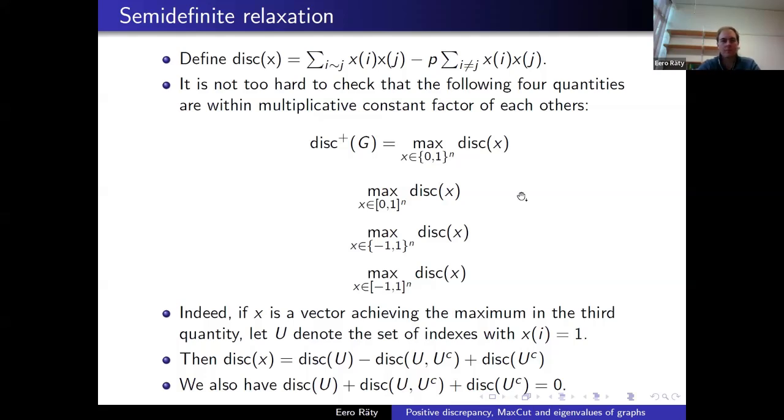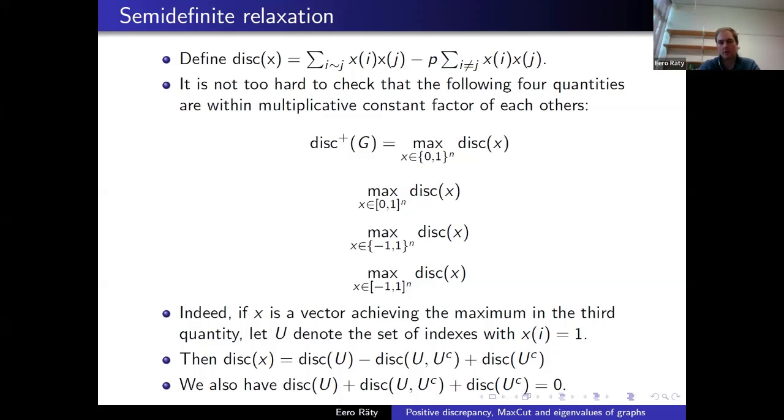It's quite easy to see that if we feed a 0, 1 vector, an indicator vector of a subset, to the top line, the definition coincides with the definition of the positive discrepancy I presented earlier.